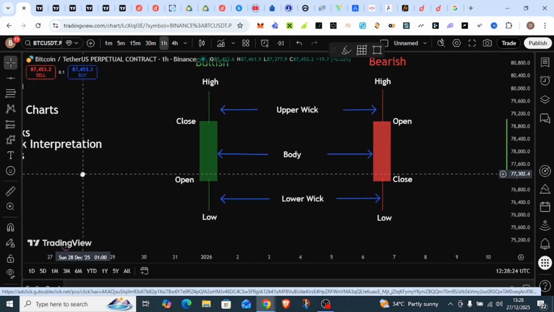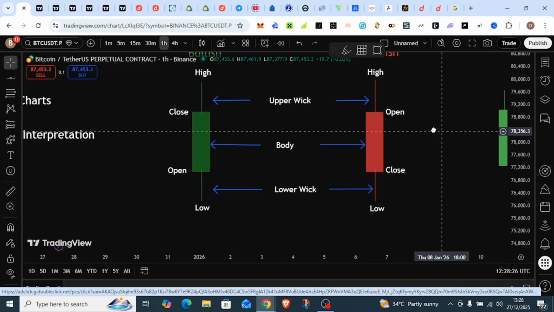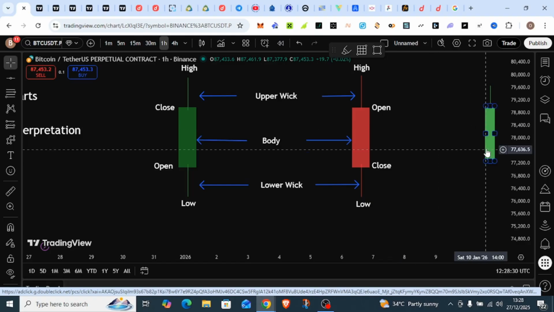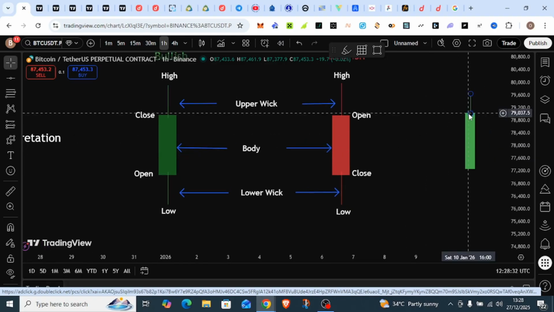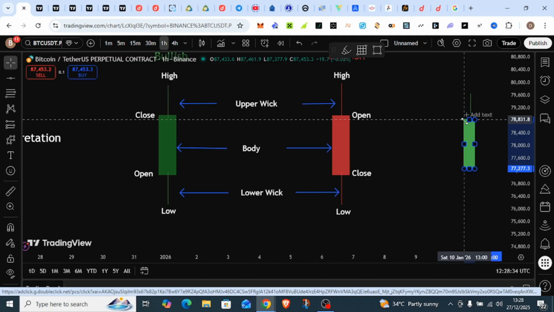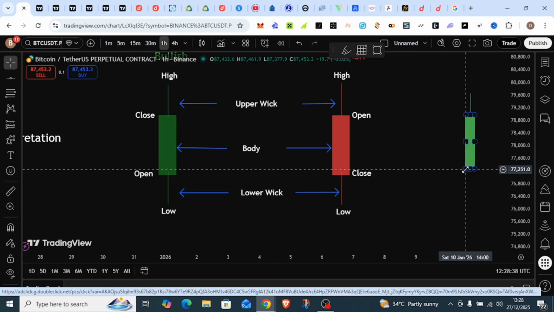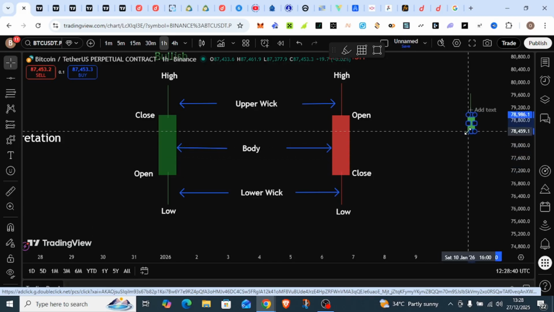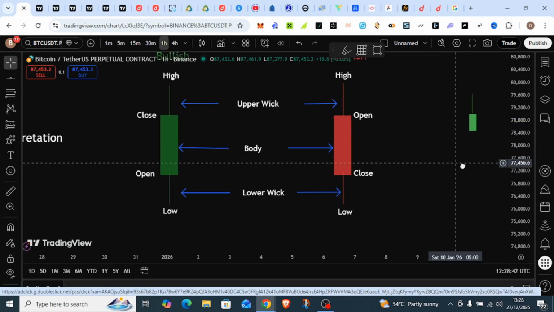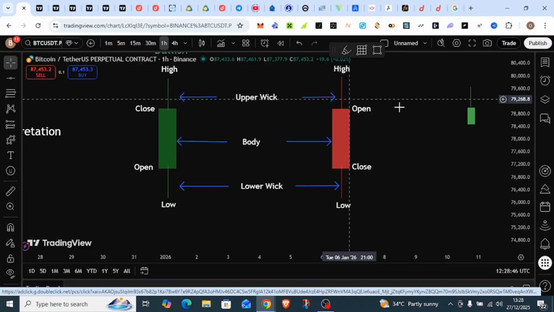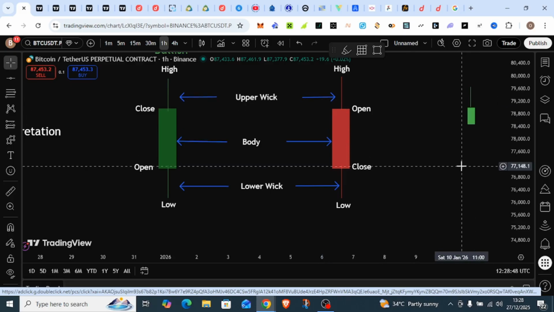We also have another candle with small body. Assuming we reduce the body of this candle, let's assume we did something like this. I have this thing with small body like this. We have another type of candle that is in this form, small body.